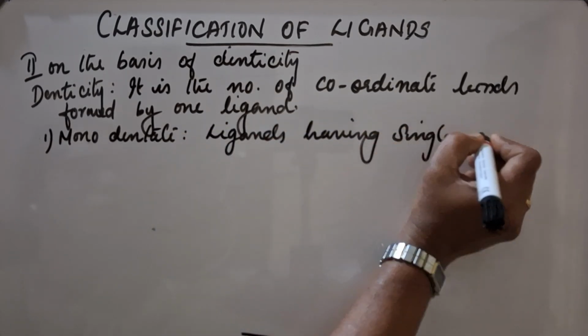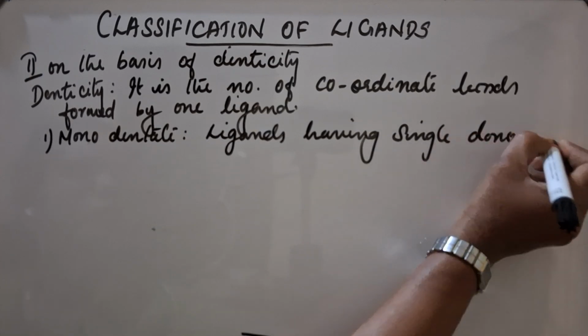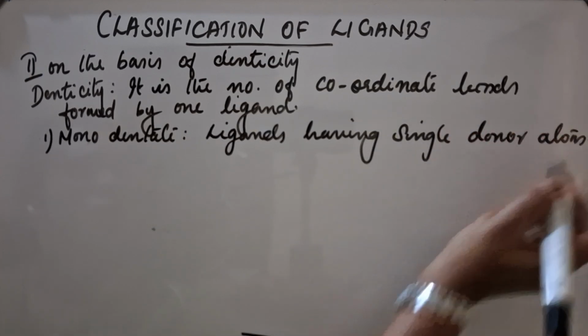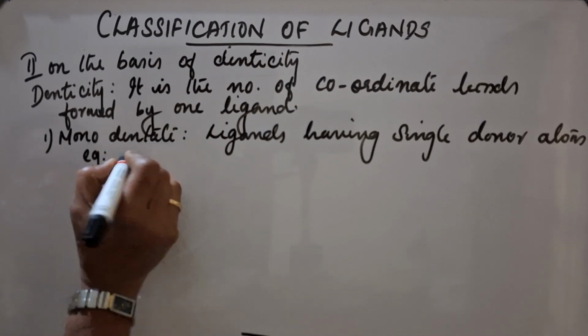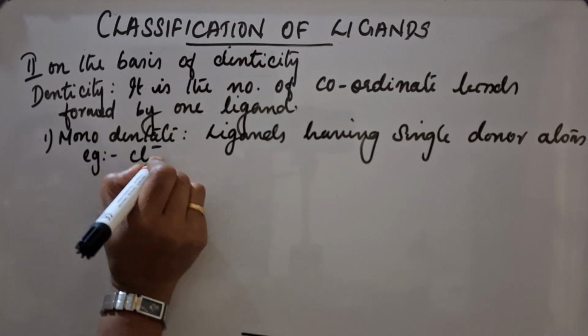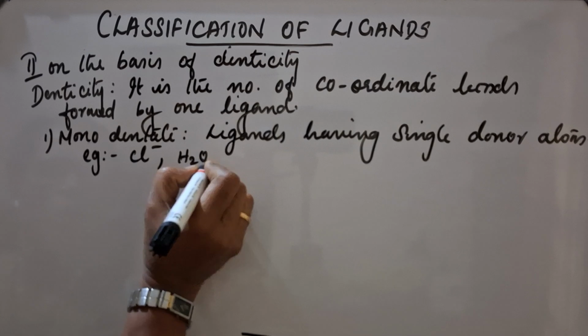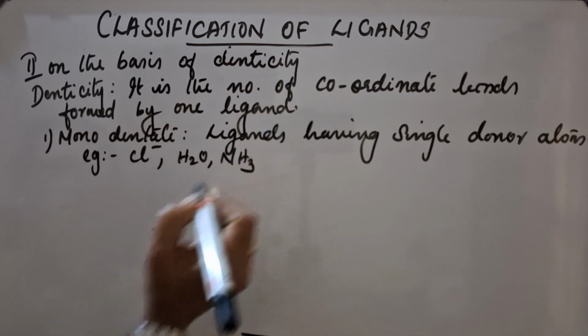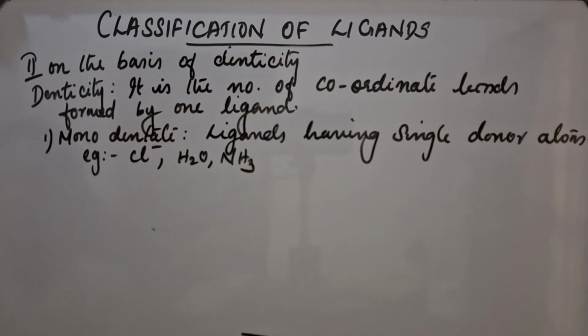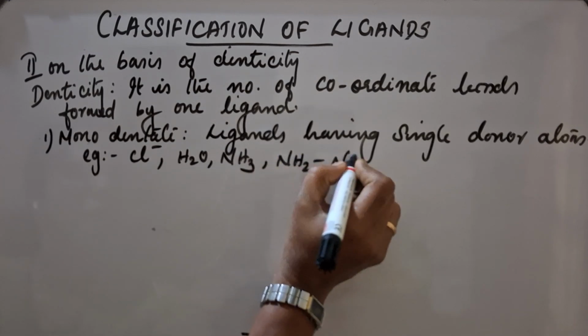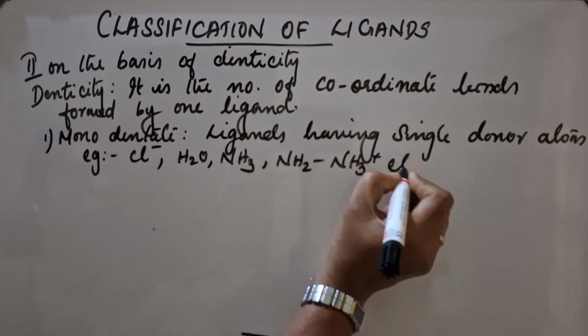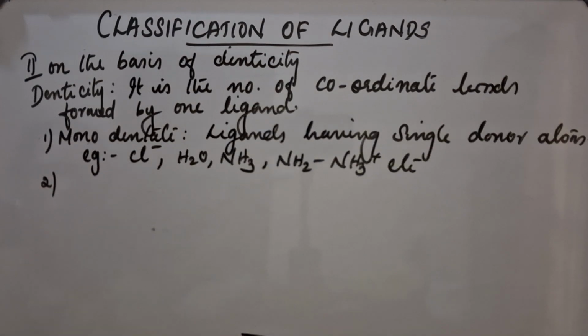Examples: Cl minus, H2O, NH3, etc. They are also called unidentate ligands.